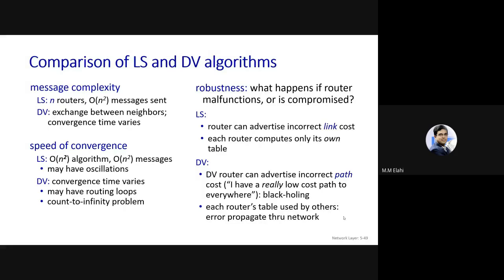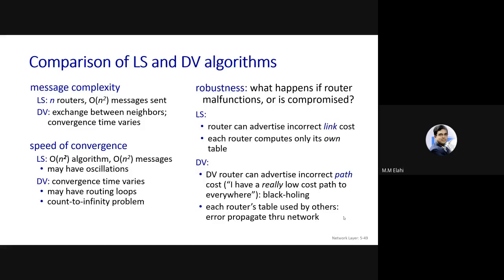In case of link state, a router can advertise incorrect link cost, because if a neighbor is not giving the correct value, then the node receiving the update will work on that wrong value. Nothing to work, because it doesn't have the entire topology. So a malfunctioning router can send wrong information. That is in link state, it is possible.